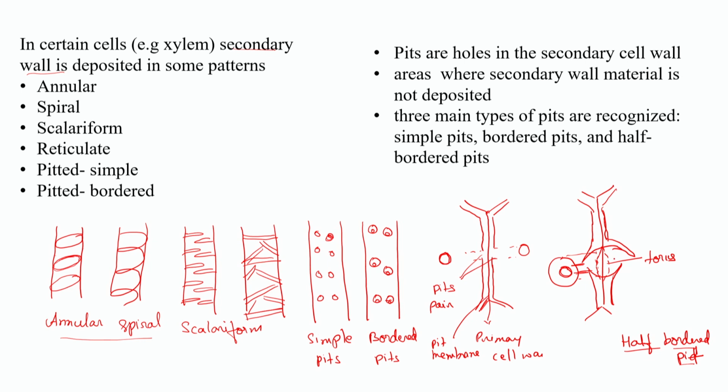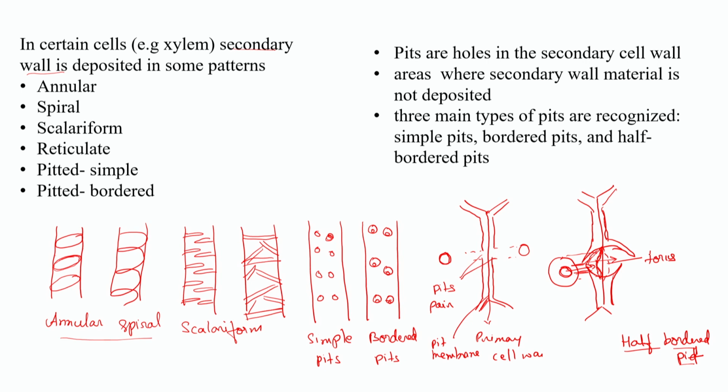The torus can also help in regulating the flow of material between the pits. Many times it has to block the entry. It can move and lie on this hole, blocking the entry of material into the pit and finally into the adjacent cell.